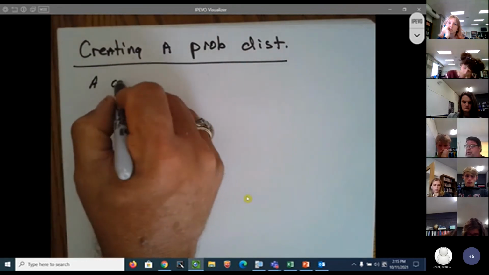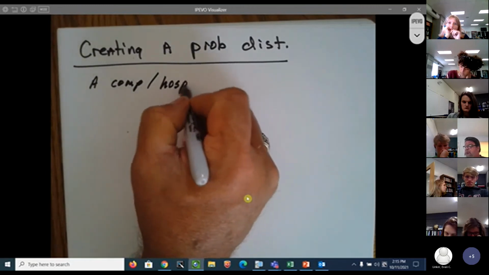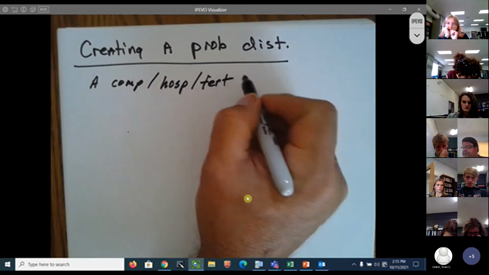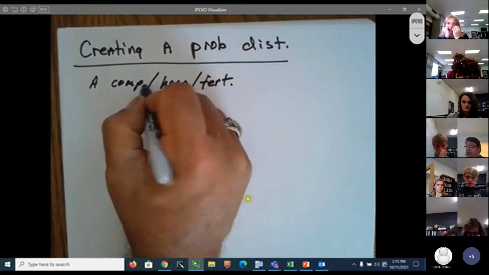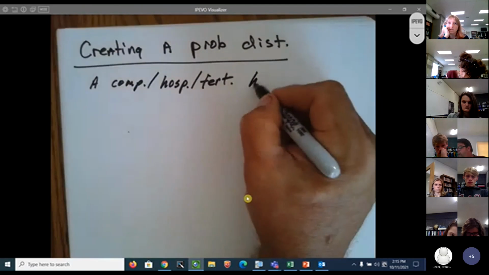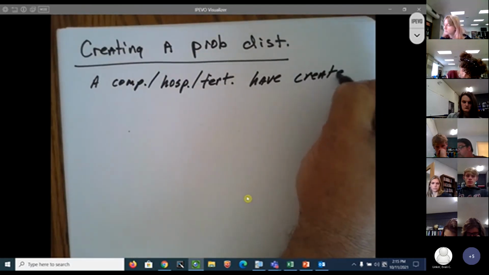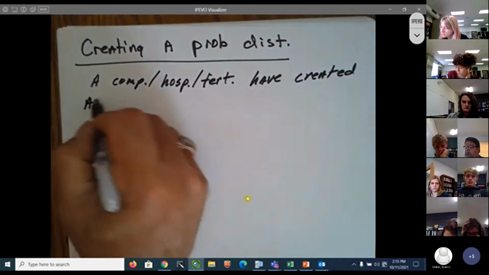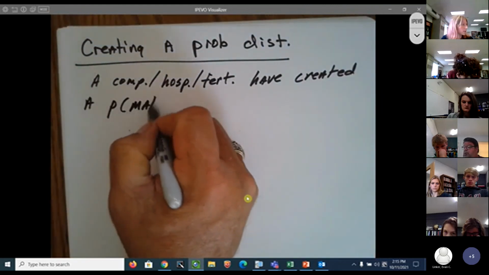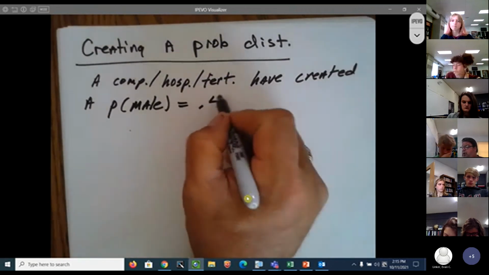A company, hospital, or fertility clinic, those are the 3 examples, have created a probability of a male child being born equal to 0.48.